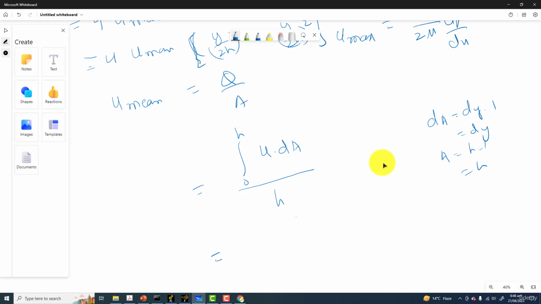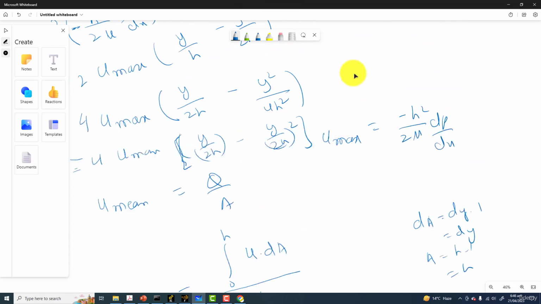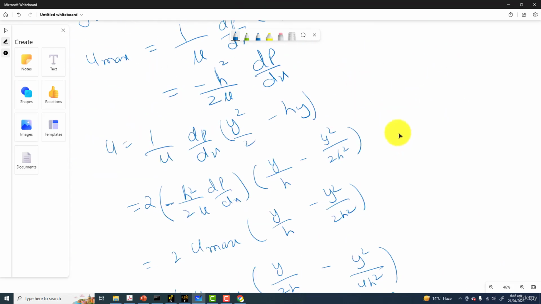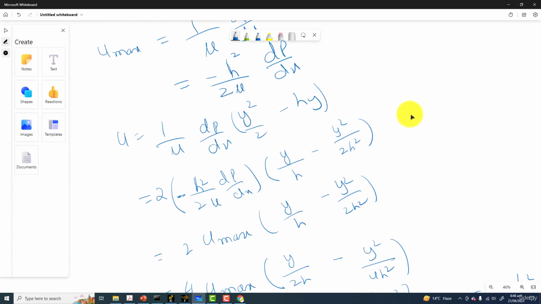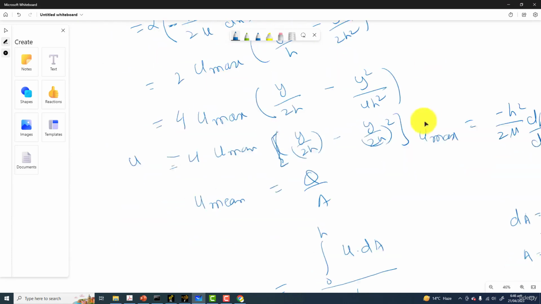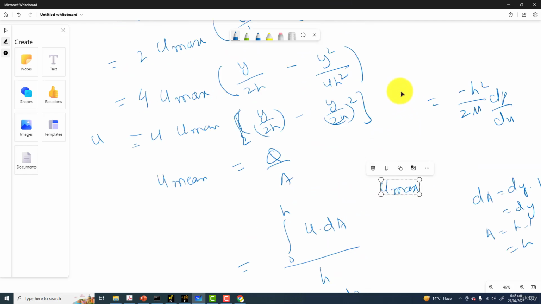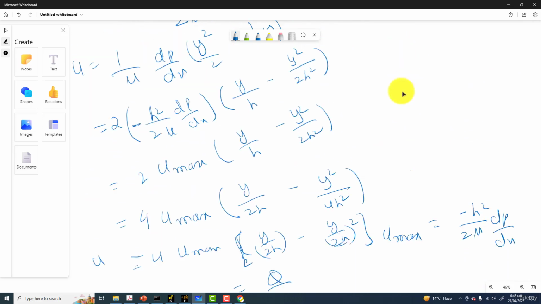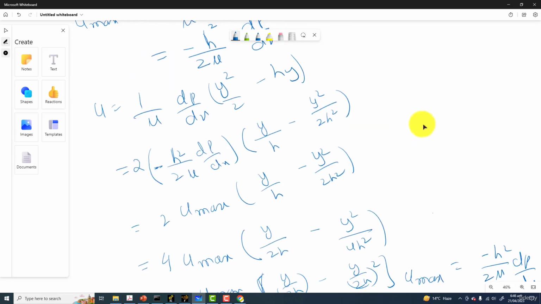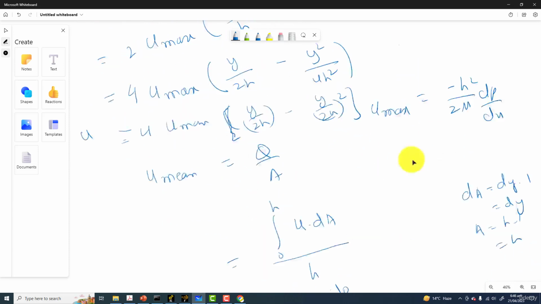So the u, we know this u is the u in the very original form. This u is this one. So 1 upon mu and dp by dx, y square upon 2 minus hy.